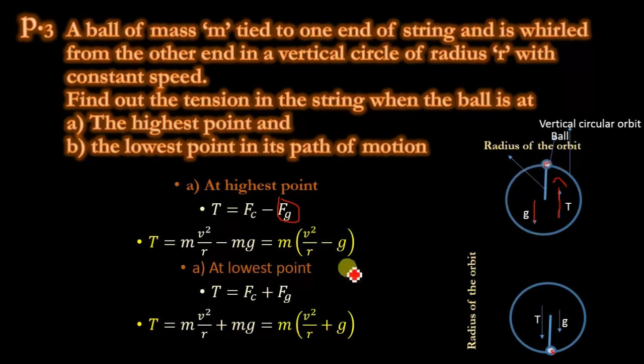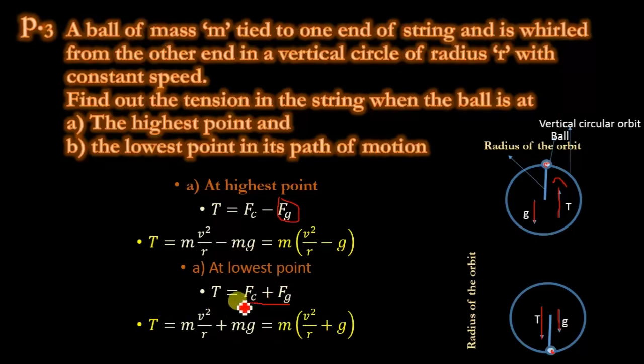Now let's solve this equation for the tension T when the ball is at the lowest point. When the ball is at the lowest point, the tension T is again in the downward direction, and the gravity is also in the downward direction. So both have the same directions. We will add up these two forces. Then tension T is equal to Fc, the centripetal force, plus Fg, the gravitational force.